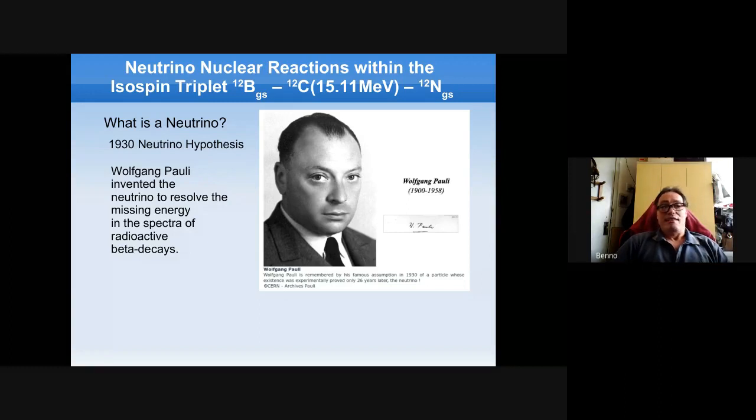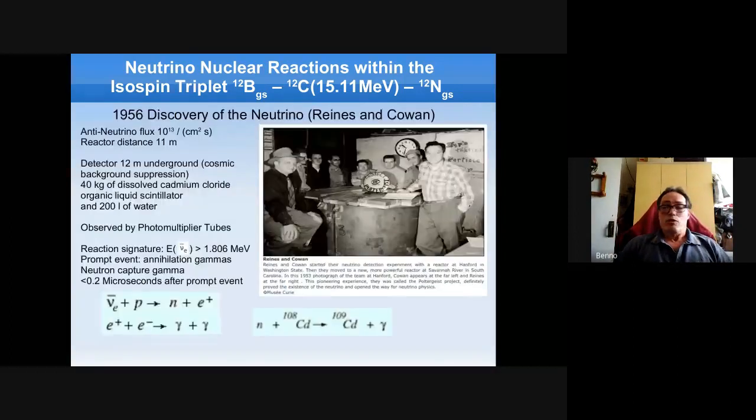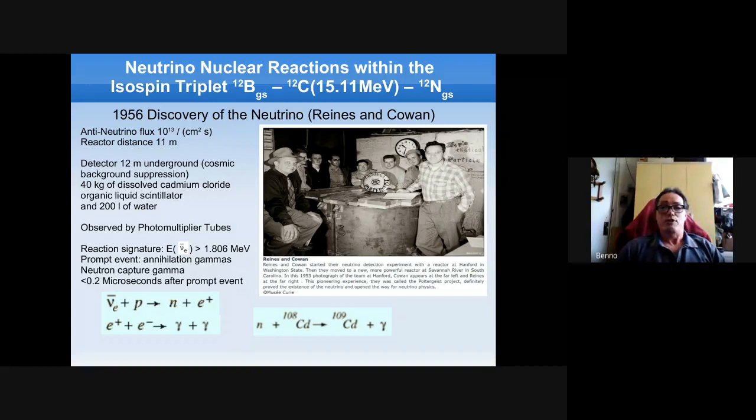This was in 1930, and it was thought that this particle wouldn't be possible to detect. It took 26 years to discover the neutrino, which was done in a reactor neutrino experiment by Reines and Cowan.